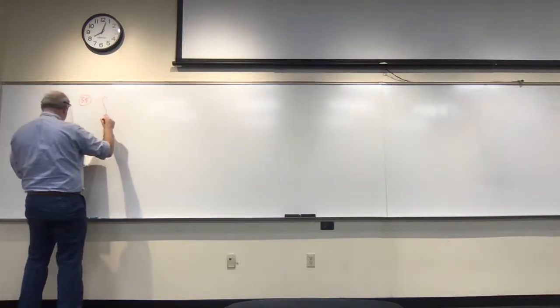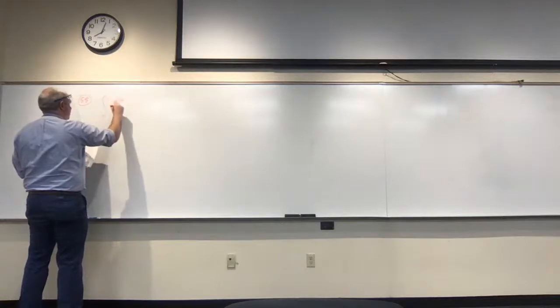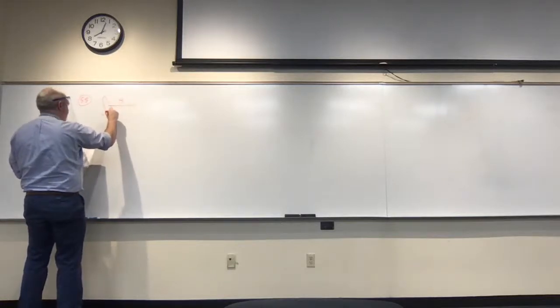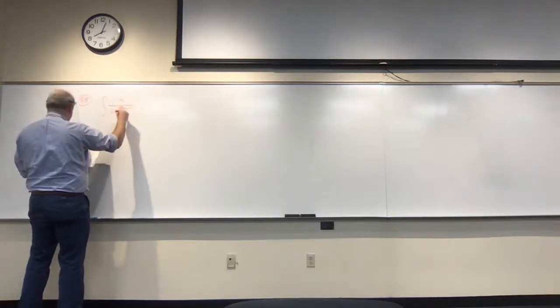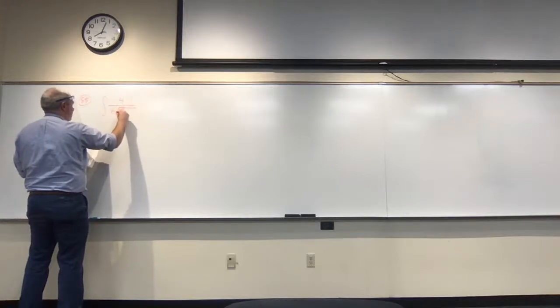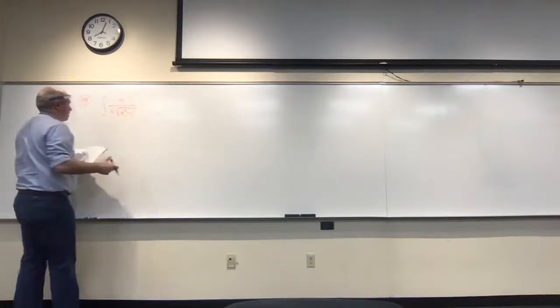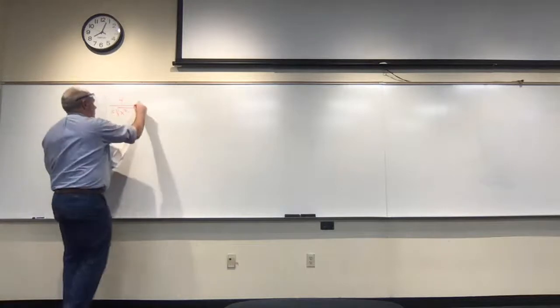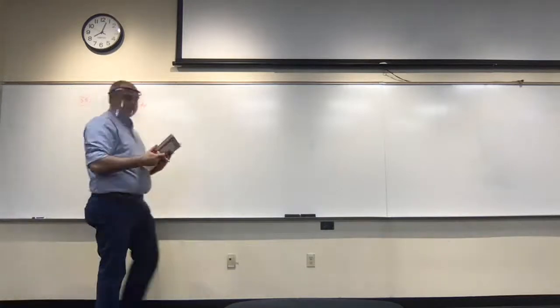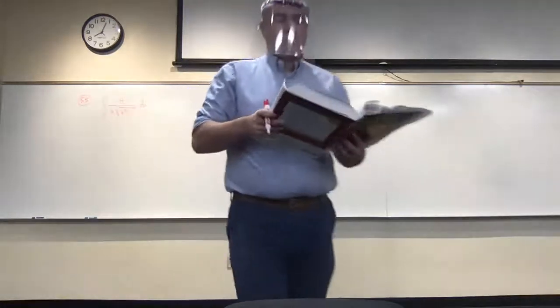the antiderivative of 4 divided by x times the square root of x squared minus 1 dx. All right.